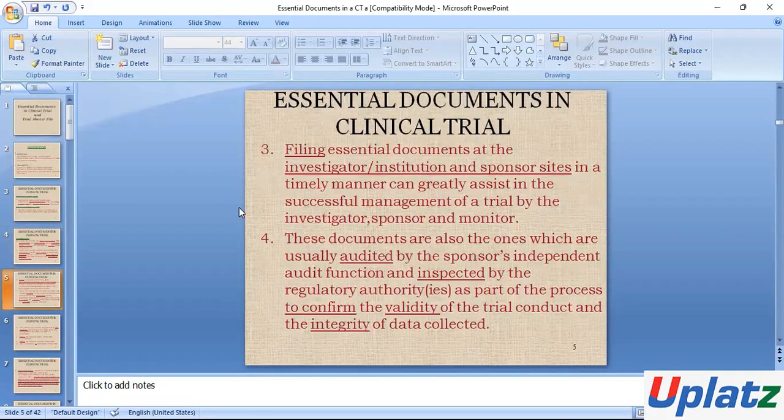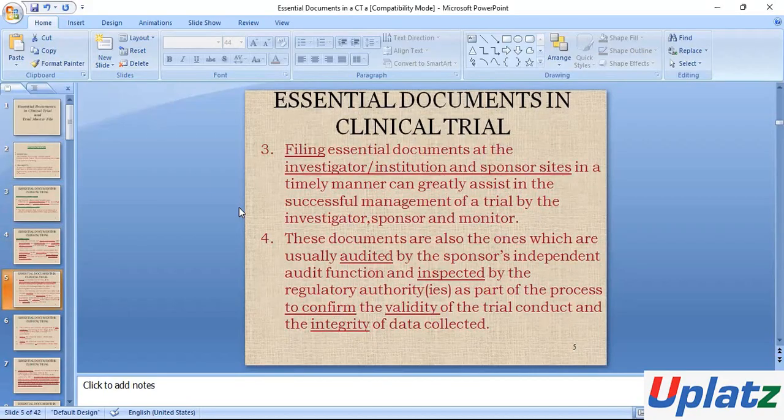Next, filing essential documents at the investigator or institution and sponsor site in a timely manner can greatly assist in the successful management of the trial by investigator, sponsor, and monitor.